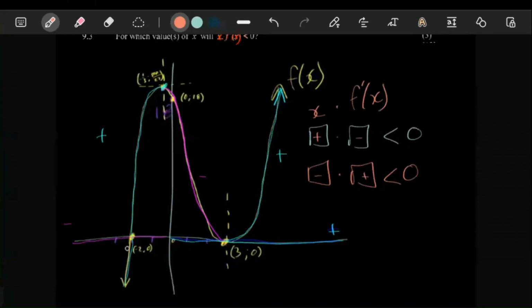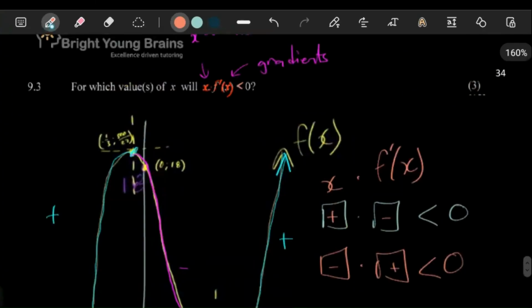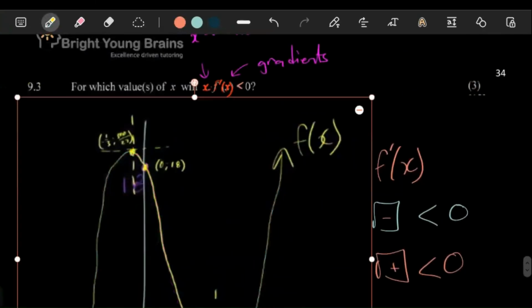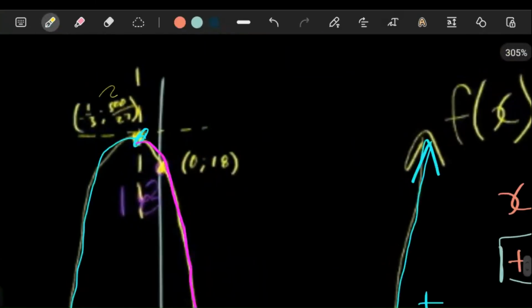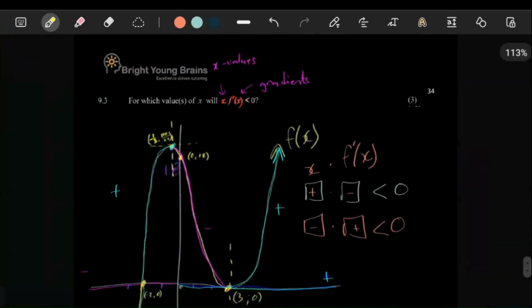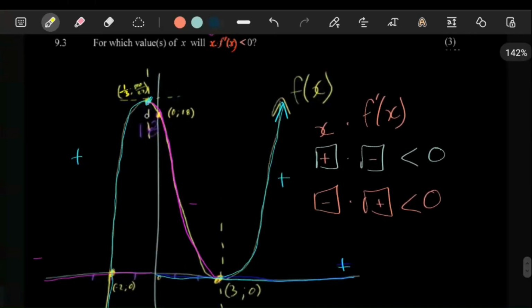Fortunately, that's happening all the way to the left here. Here you have negative x values while you have positive gradients. And that is happening until the x value which is negative a third.